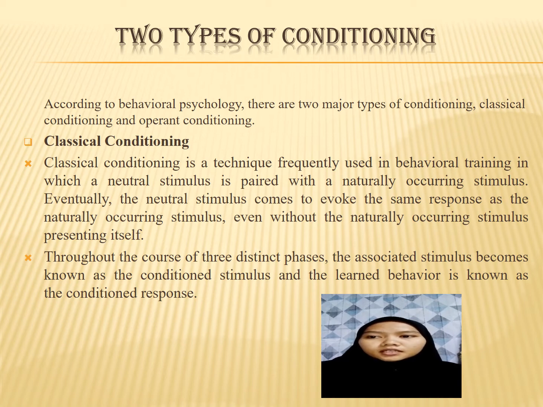Eventually, the neutral stimulus comes to evoke the same response as the naturally occurring stimulus, even without the naturally occurring stimulus presenting itself. Throughout the course of three distinct phases, the associated stimulus becomes known as the conditioned stimulus, and the learned behavior is known as the conditioned response.